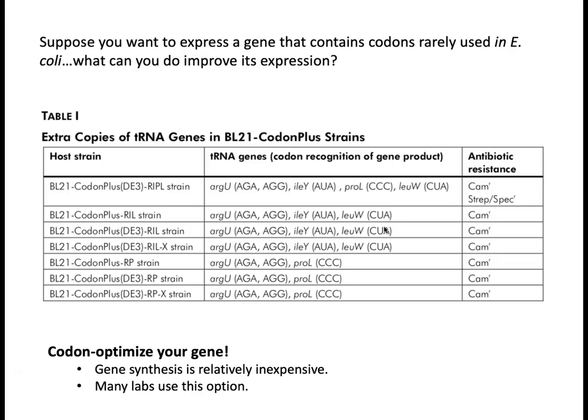What that means is they will have a DNA sequence that encodes the exact same amino acid sequence, but they'll change the codons so that any rarely used codons, for example, rarely used arginines, are changed to codons that are more commonly used in E. coli. And if you go with this codon optimization option, you don't need to use the RIL plasmid because you now aren't dealing with those rarely used codons.